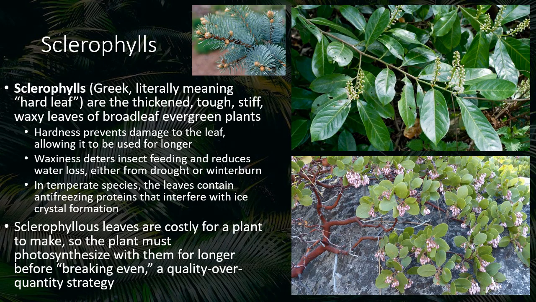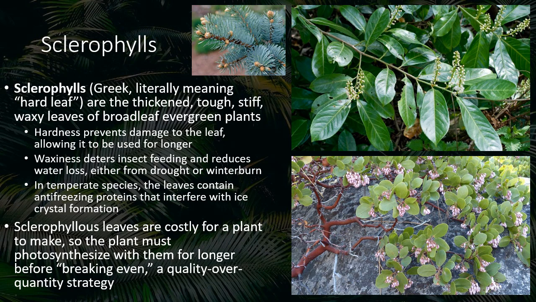It's important to stress here that the water loss can occur in a couple different ways. This big image on the top of this broadleaf evergreen is the cherry laurel, and cherry laurels don't live in dry climates. They live in moist climates, but they do live in cold climates as well. So by having a nice thick waxy cuticle, this broadleaf evergreen can resist winter burn.